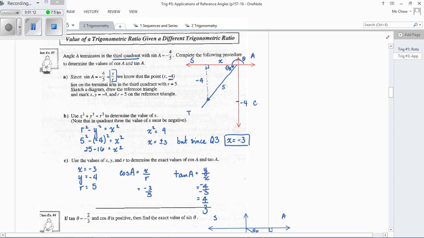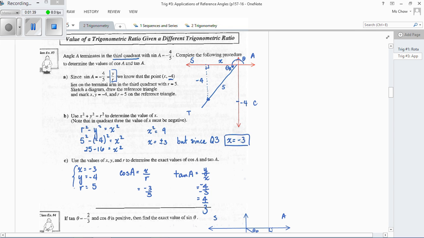And so then we can calculate what our x value is using x squared plus y squared equals r squared, or manipulating that around, r squared minus y squared equals x squared. So x squared is equal to 9, which means that x is going to equal plus or minus 3. But since we're talking about quadrant 3, we know that all of our x values are negative. Therefore x is equal to negative 3.